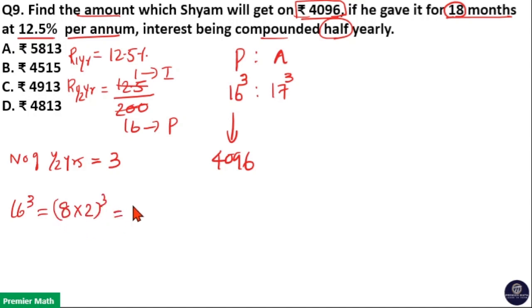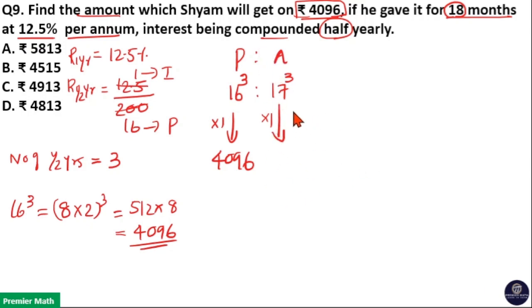So 8 cube is equal to 512 and 2 cube is equal to 8. Now you can see 500 into 8 is 4,000, 12 into 8 is 96. So 4,096 is 16 cube. So 16 cube is equal to 4,096 means here 1 part is equal to 1. So if you find 17 cube, that will be your answer. Total amount at the end of 3 half years will be 17 cube.